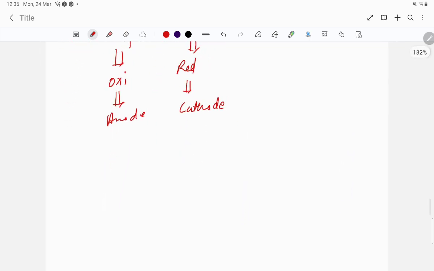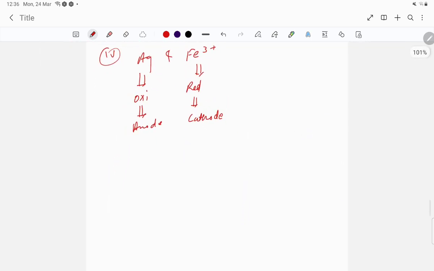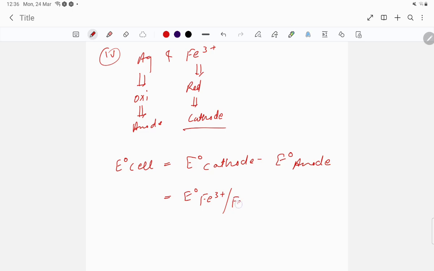Now, fourth point, E naught cell is equal to E naught cathode minus E naught anode. So E naught cathode, student, cathode is this one, E naught Fe3+ upon Fe2+. E naught here is the Ag+ upon Ag.